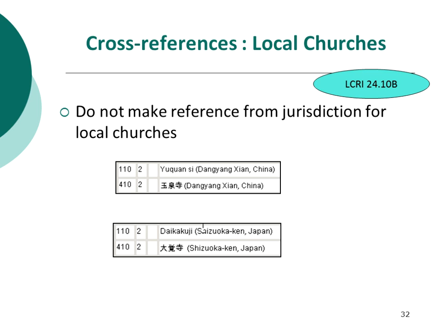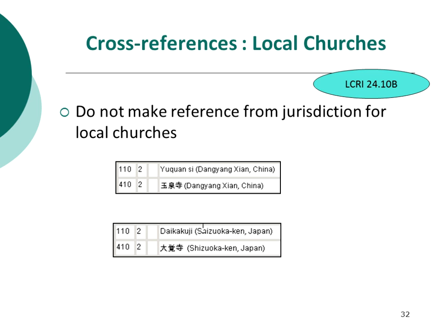Here's the rule. When you are creating a corporate heading for local churches, as you see in these two examples on the screen, the rule says do not make a reference from the jurisdiction for the local churches. You are not seeing one here, right? That's correct. So these two headings were set up correctly.